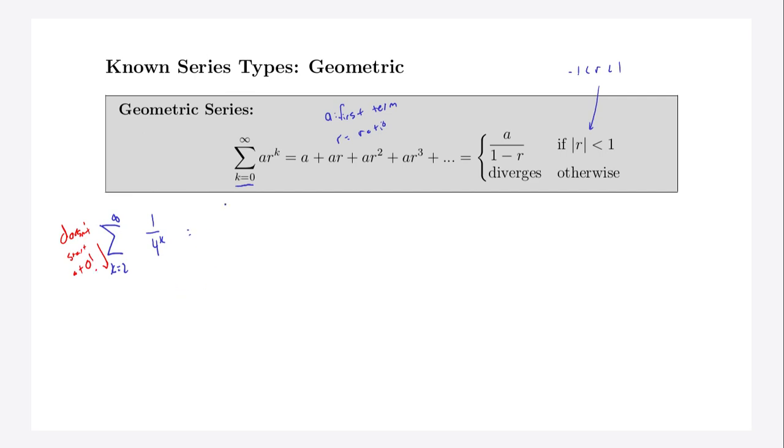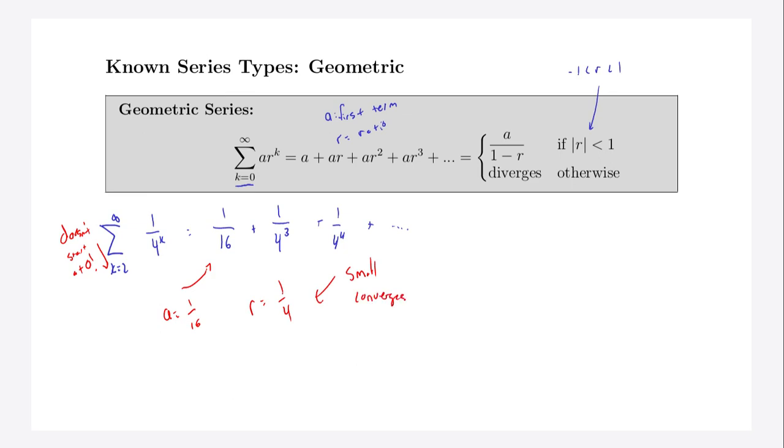Let's just write out some terms. This is 1 over 4 squared, so that's 16. Actually, I'll leave it like this. I don't know what 4 cubed is off the top of my head. I don't know what 4 to the 4th is off the top of my head. But if I write it this way, I can see a is 1 over 16. r is a 4th. That's small.